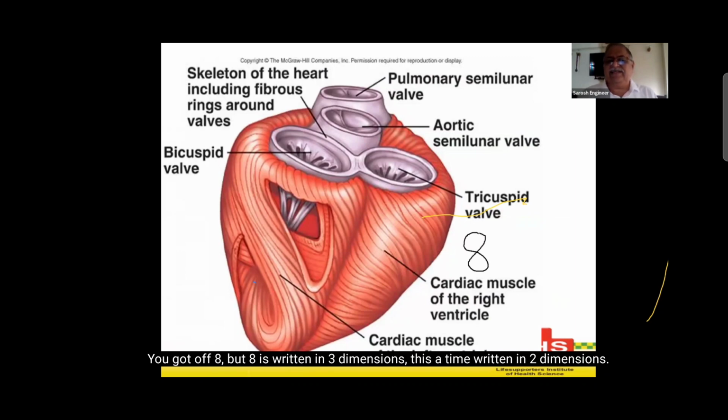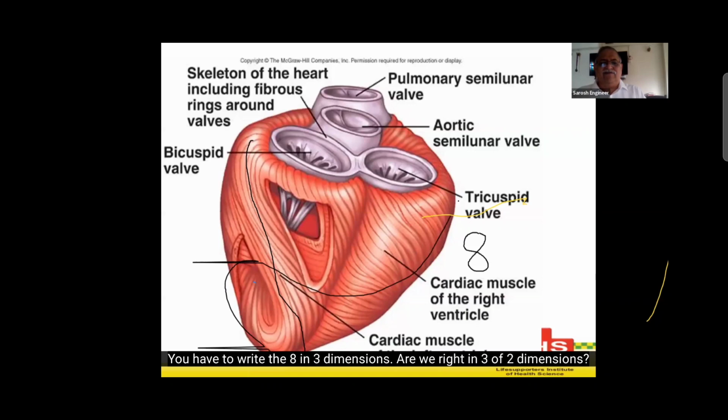But the 8 is written in 3 dimensions. This 8 I have written in 2 dimensions. You have to write the 8 in 3 dimensions. We write in 2 dimensions something like that, but the muscle itself is in the shape of a figure of 8 in 3 dimensions. So the impulse can pass very fast because of its shape.